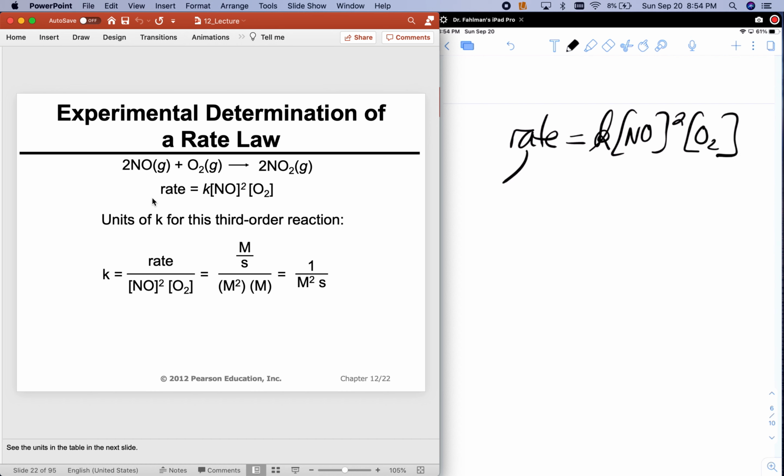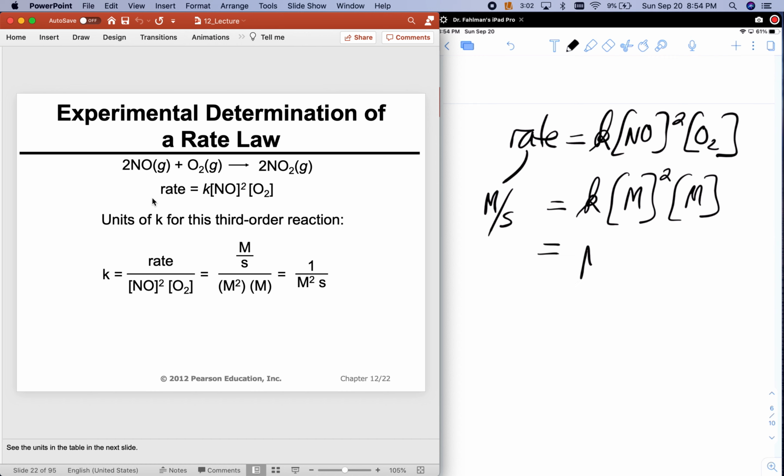Rate is in units of concentration per unit time, and each of these is just concentration, so that is M to the third power times k, and that's M over s.